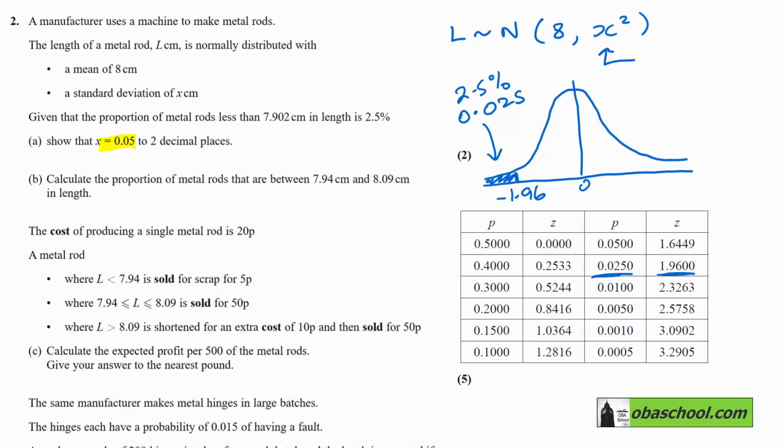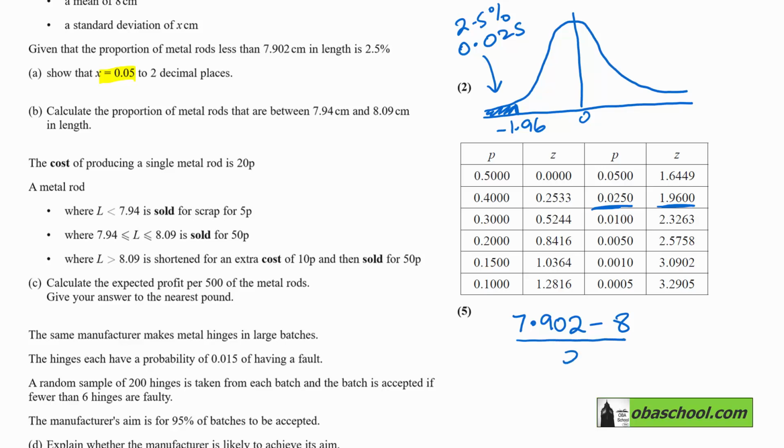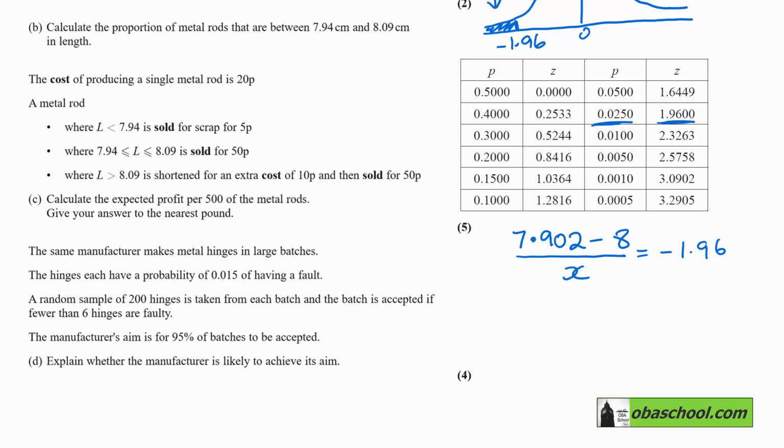1.96. So let's standardize using what we know. The actual score is 7.902. The mean is 8. The standard deviation is x, and that's got to be equal to negative 1.96. So that gives us negative 0.098 is equal to negative 1.96x.